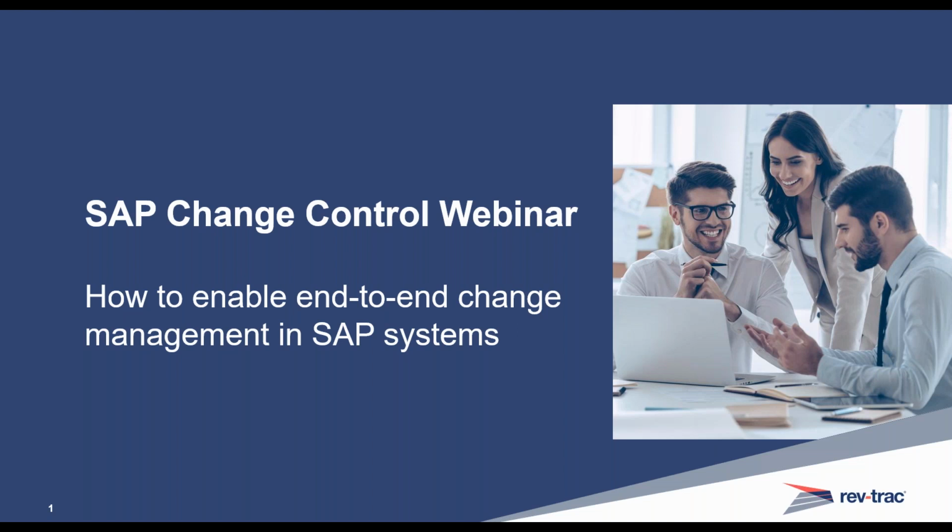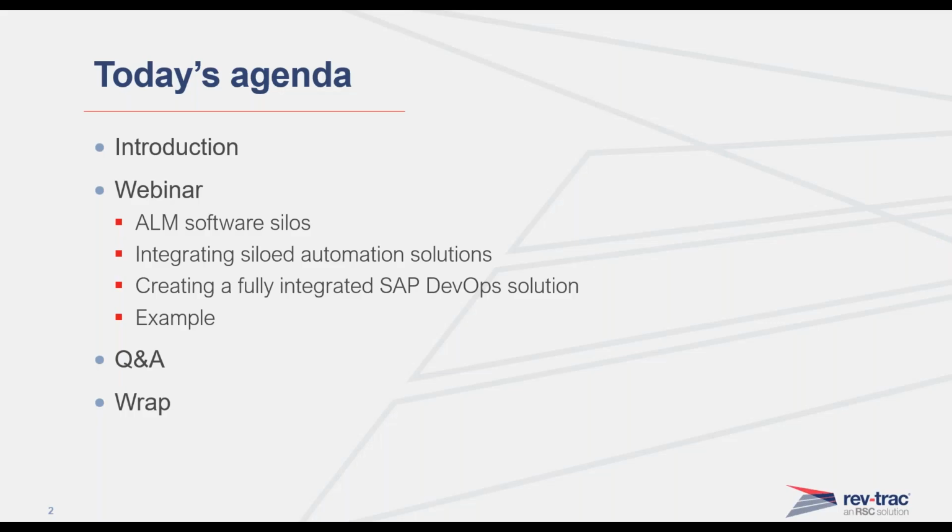So basically, this is what we're going to be doing today. I'll run through a couple of brief introductions, then get straight into the webinar. We'll talk initially about SAP application lifecycle management software silos, and how we integrate those silos and different solutions.